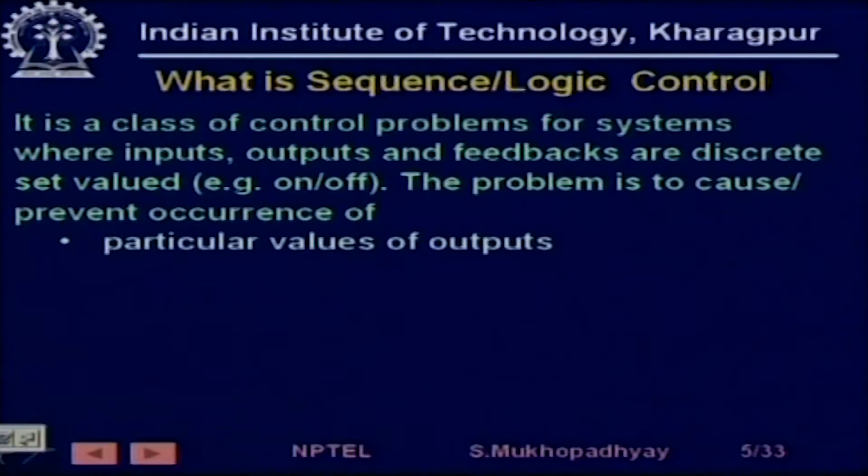So, in that sense, the inputs and outputs and feedbacks are discrete set valued, like on off, and the problem is to cause or prevent occurrences of either particular values of outputs or combinations of outputs. So, when switch 1 is off, switch 2 should not be on. Giving an example from daily life, let's take a railway crossing.